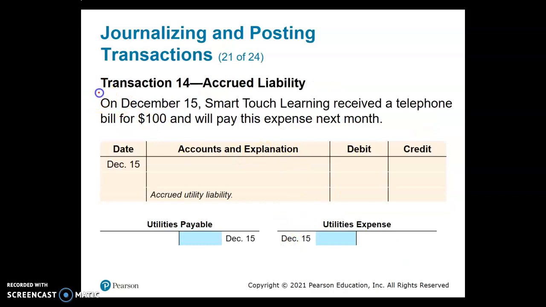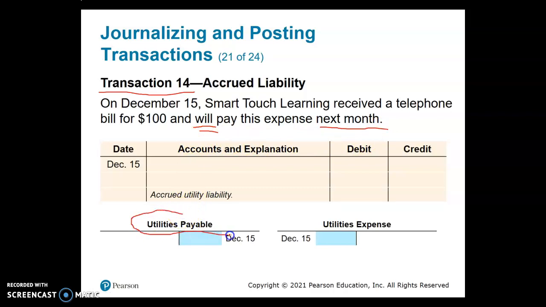Okay, transaction number 14. We accrued a liability. On December the 15th, Smart Touch Learning received a telephone bill for $100 and will pay this expense next month. So it is a liability. And they use a specific account for this telephone bill.